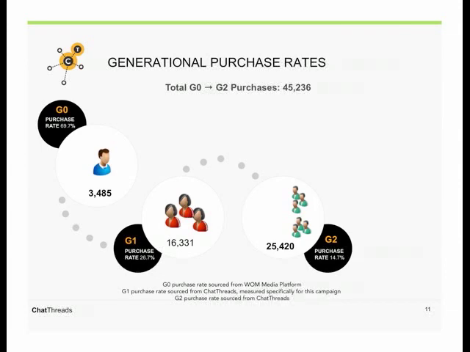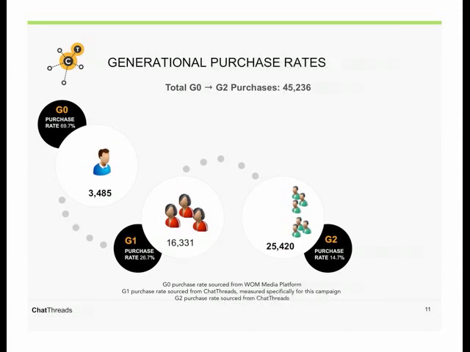And that drops off pretty steeply when it goes out to the next generation. But still a fairly robust 27% of that next generation of people purchase, leading to about 16,000 more purchases. And then for the people that they told, the second generation, we see another drop-off in the purchase rate, which is about 15%, adding an additional 25,000 purchases.